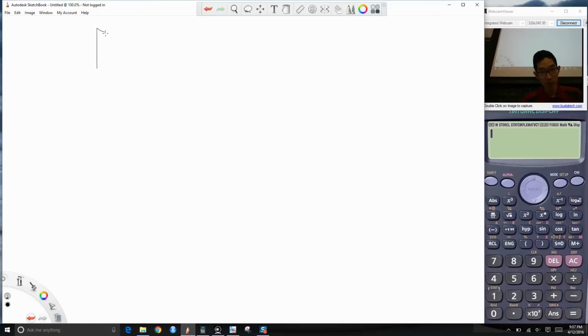Imagine I've got a book, and we're going to measure how wide the book is. So we measure the width.